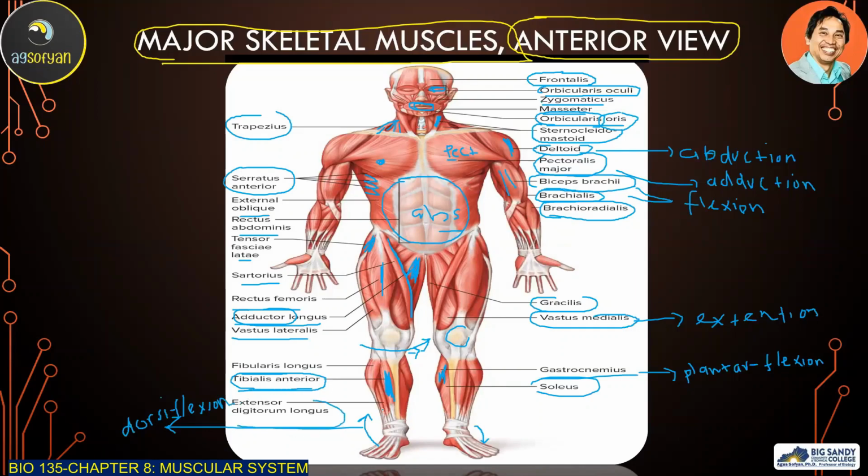Extensor digitorum, this is the muscle that will extend the digits, the toes over here. This is the extensor digitorum longus muscle. So these are examples of muscles in the front part of our body.